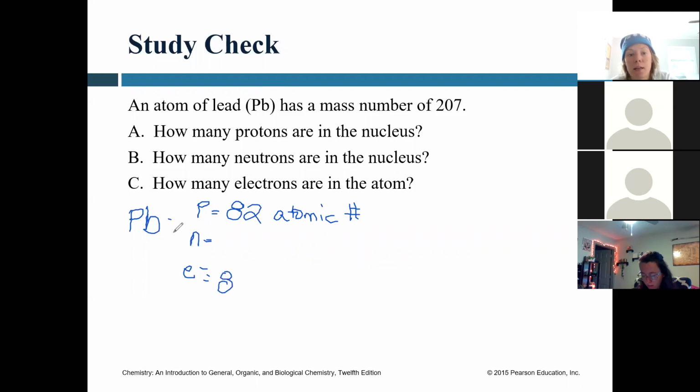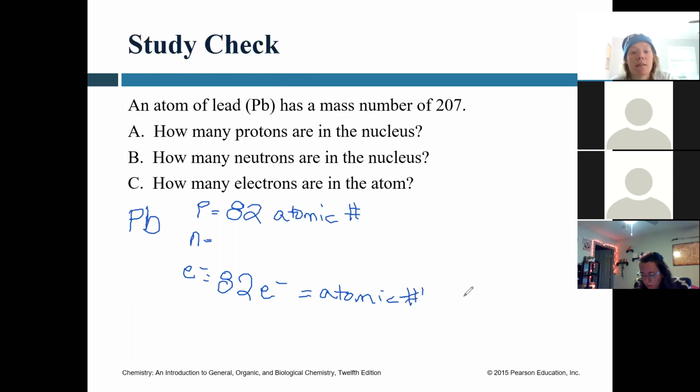No charge in the upper right-hand corner. That is not a charge. Sorry. So 82 electrons as well. It's equal to the atomic number as well.